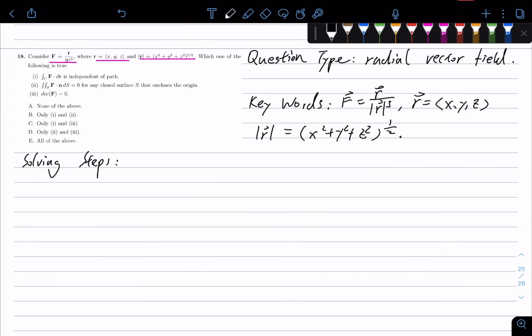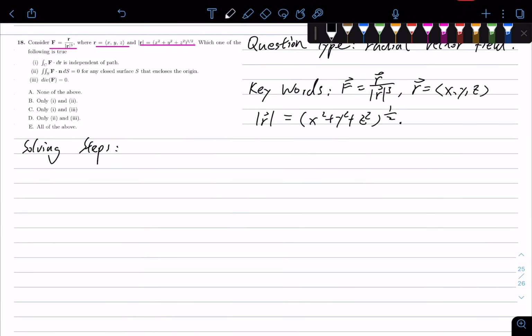To solve this type of problem, there really isn't any sort of steps that you need to take. Instead, it's a number of definitions or properties of the vector field that you need to memorize. First of all, F is conservative.